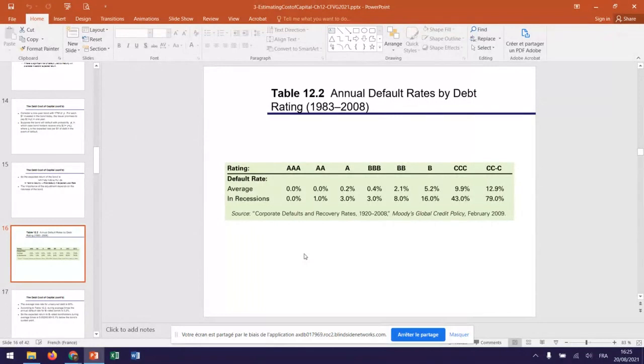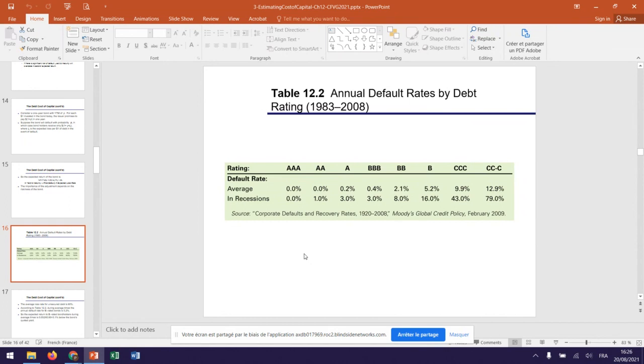This is the annual default rate by debt rating. If you have several ratings, triple A, double A, triple B, like that, the average default rate in a normal economy would be 0.0%. It's not 0, but it's 0.000 something. And the probability of default for the triple C bond is 9.9%. That comes from Moody's.